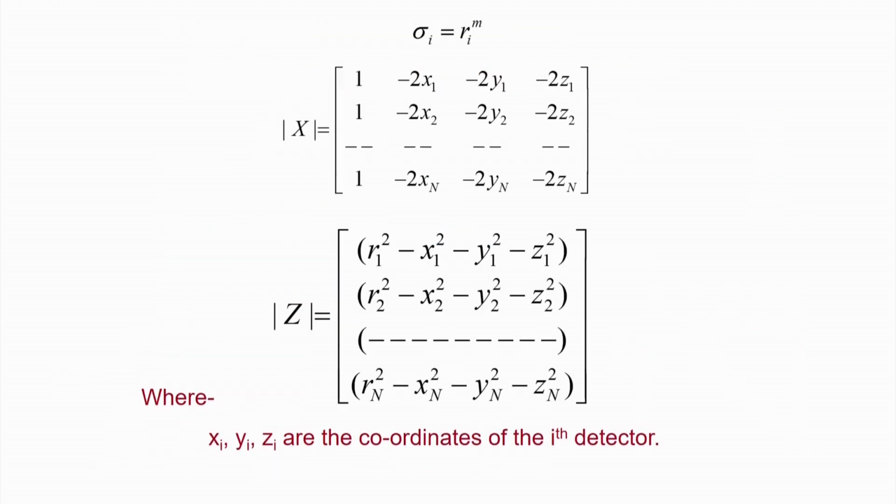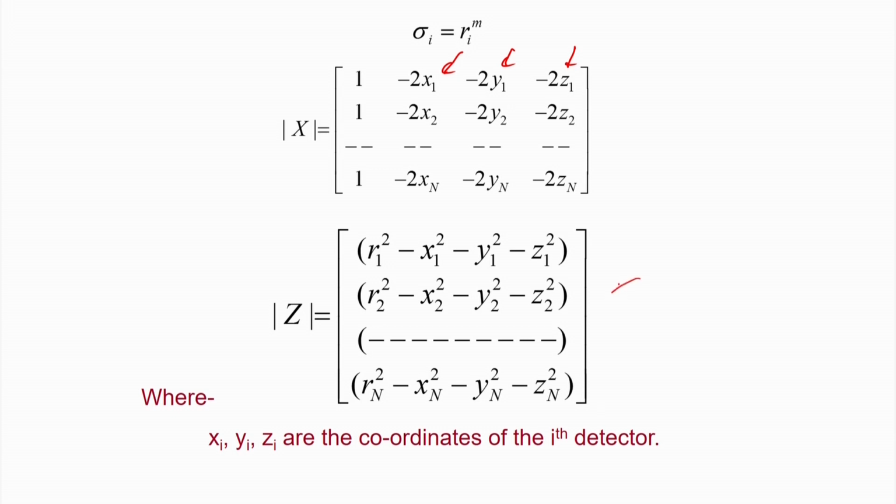So you know this value, and you know the detector position: x1, y1 and z1 are the coordinates of a particular detector. If you have n detectors, you will get n of these equations. You know the distance from all the detectors to the particle positions, so this will be R1, R2, R3 and so on.